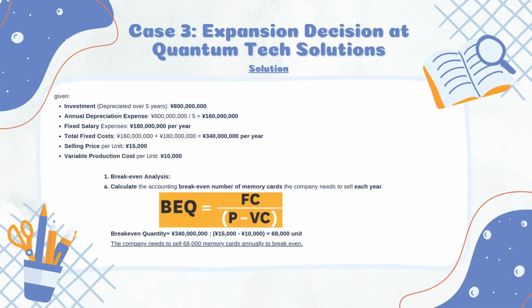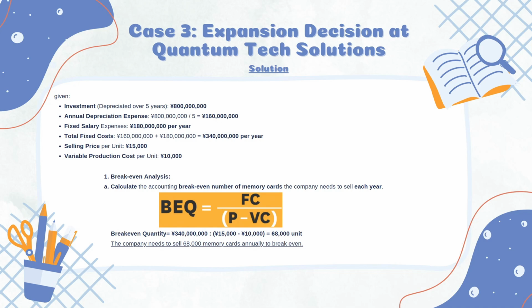Okay, I'm using BEQ. BEQ is the break-even quantity, because we want to find the number of memory cards the company needs to sell each year. So the BEQ formula is fixed cost divided by price minus variable cost.